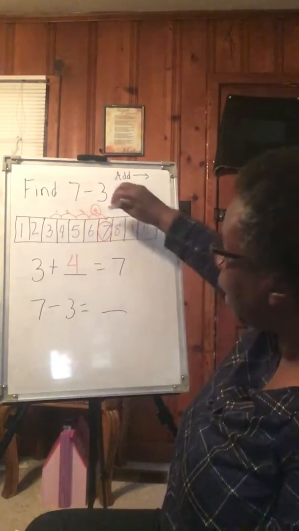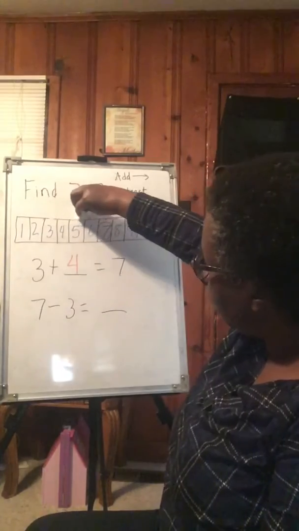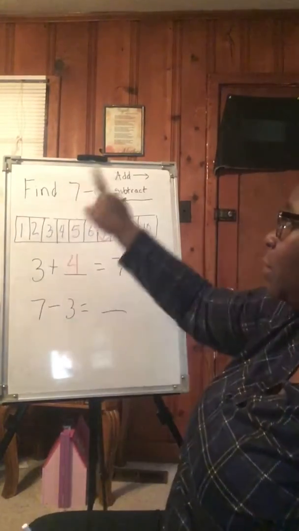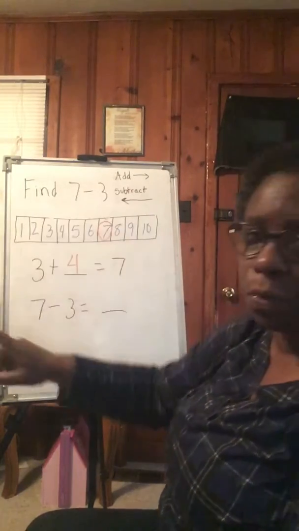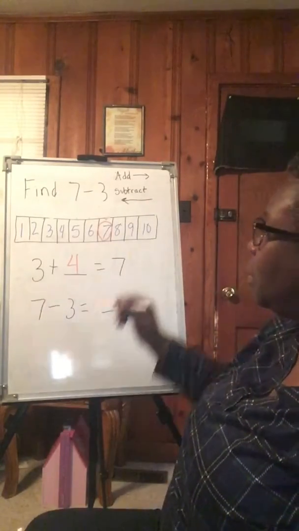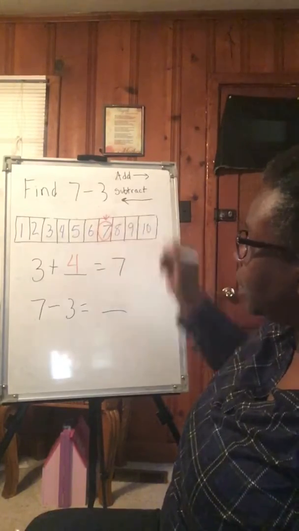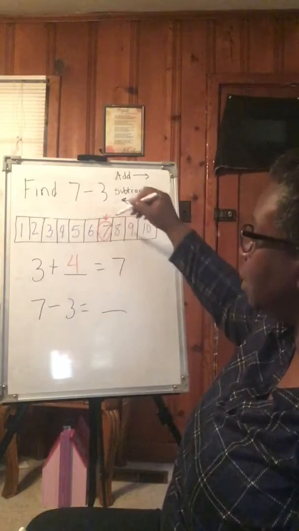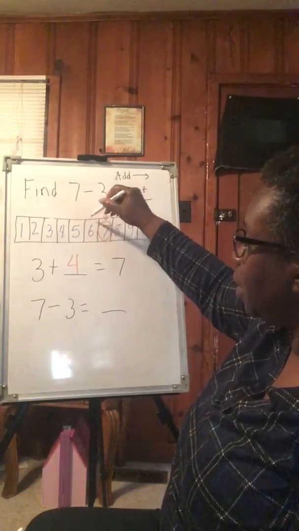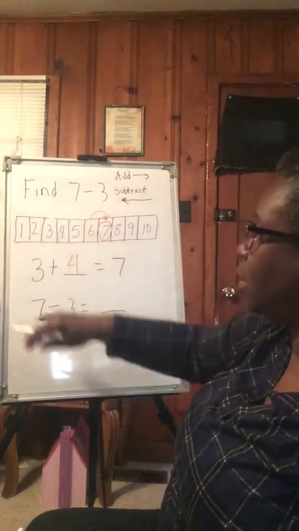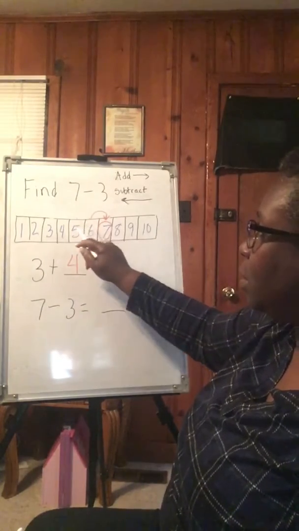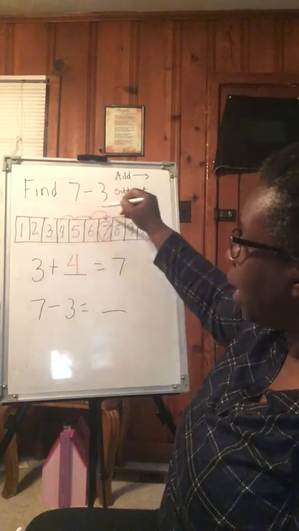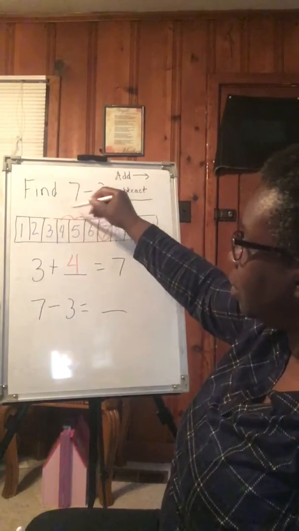Now, to subtract, we're going to go down in numbers. But we're not counting our spaces. We're going to see what number we land on. Okay, so we're starting with our 7. We're going back 3 spaces. 1, 2, 3.